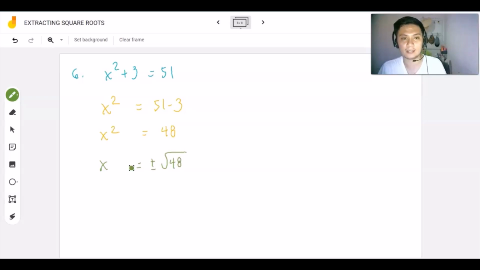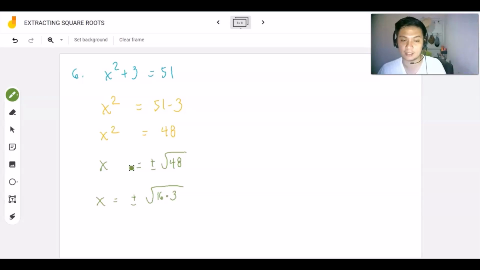So, ang 48 ay hindi perfect square number, pero meron siyang perfect square factor. So, ano kaya yun? What's the largest perfect square factor of 48? It is 16. So, we have to write x is equal to positive or negative square root of the product of 16. At ano ka-partner ng 16 to give 48 as a product? 3.